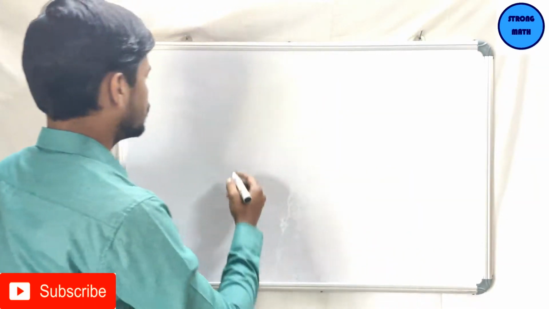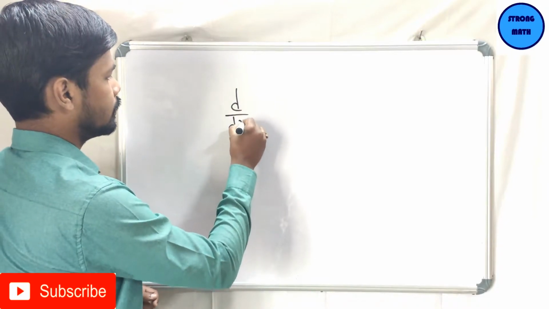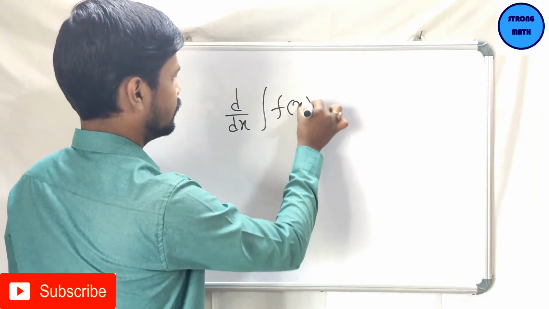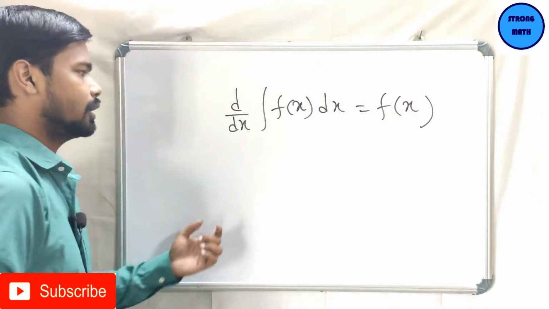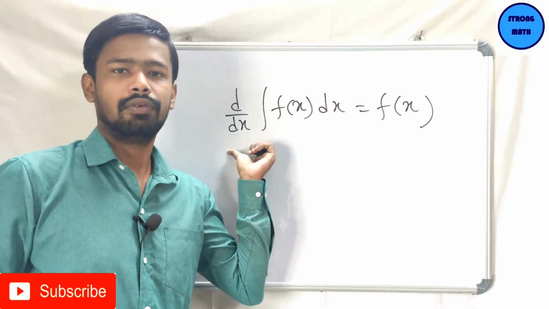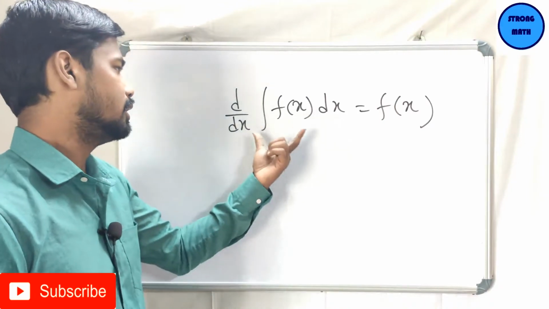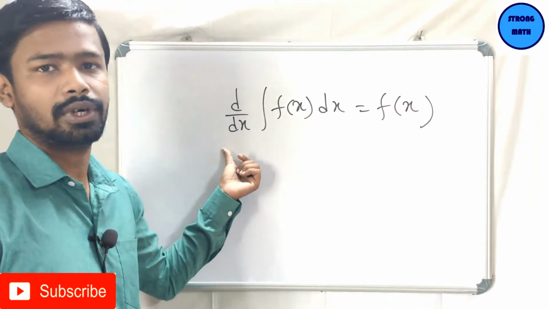As I said earlier, integration is the reverse process of differentiation. So if we differentiate the integration of any function, then we will get the function itself, because differentiation is the reverse process of integration as well as integration is the reverse process of derivative.